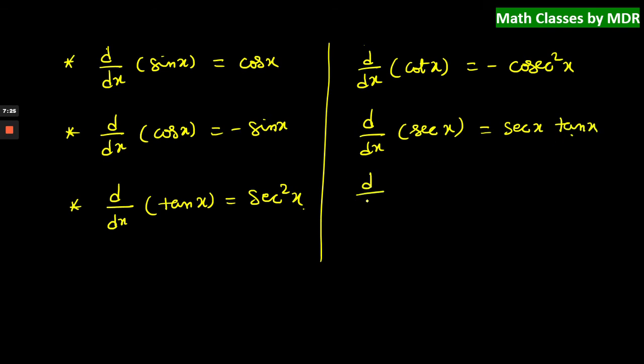And d by dx of cosecant x is minus cosecant x cot x. Right? They are some basic trigonometric functions that we are going to use.